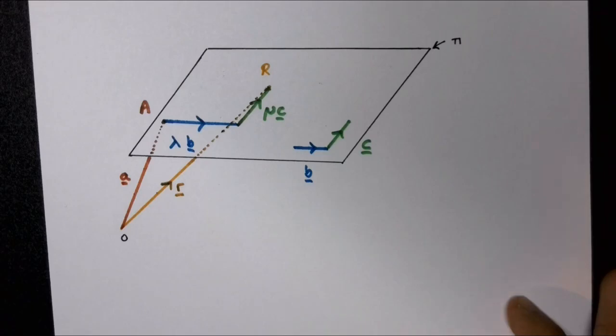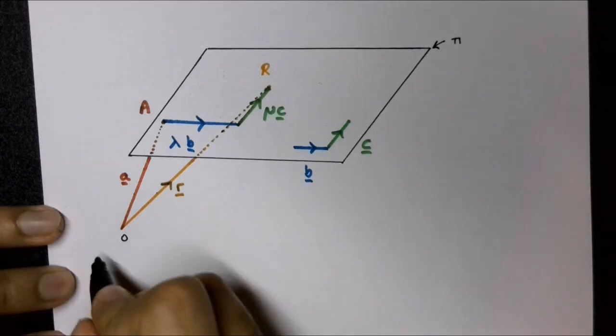Now from this we can show the position vector of R. This will equal, so let's just write this down.